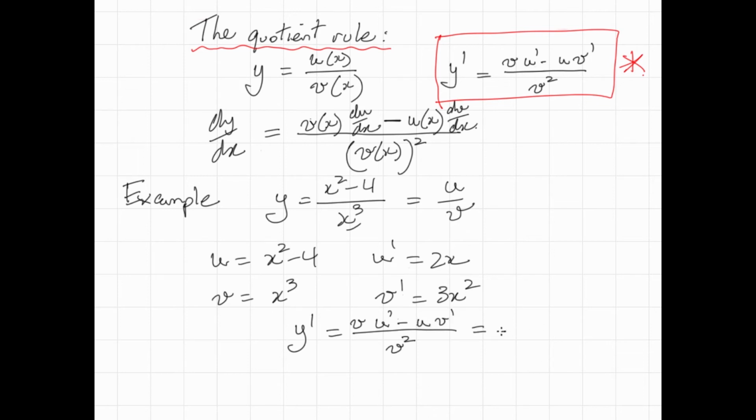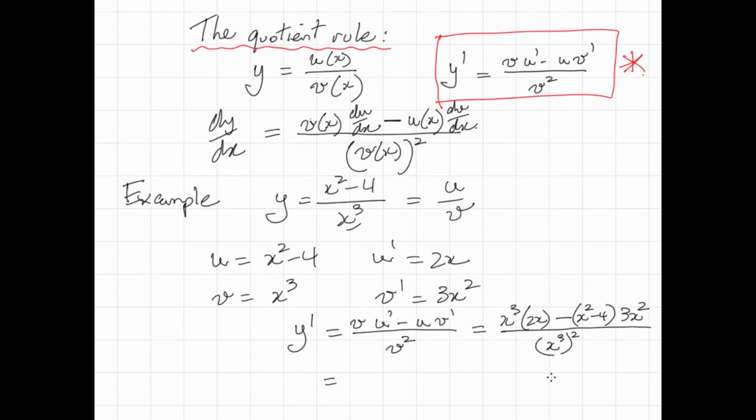It's now a matter of just going through and picking up what is what. V squared, v is x cubed, and we've got to square that. V is x cubed, u dash is 2x, then comes our minus. Now we've got to pick up u, go up here, u is x squared minus 4, and v dash is 3x squared.